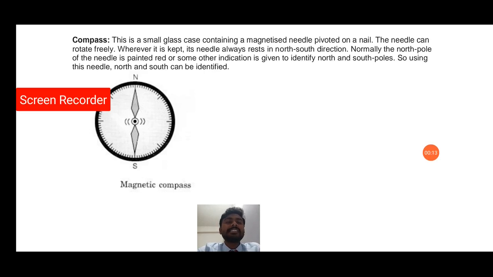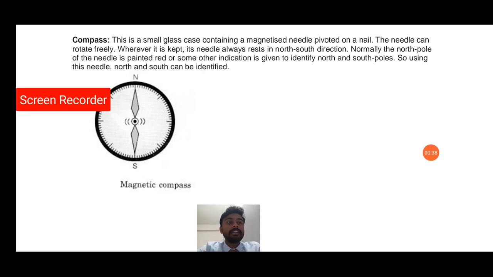See, this is a small glass case containing magnetized needles pivoted on a nail.